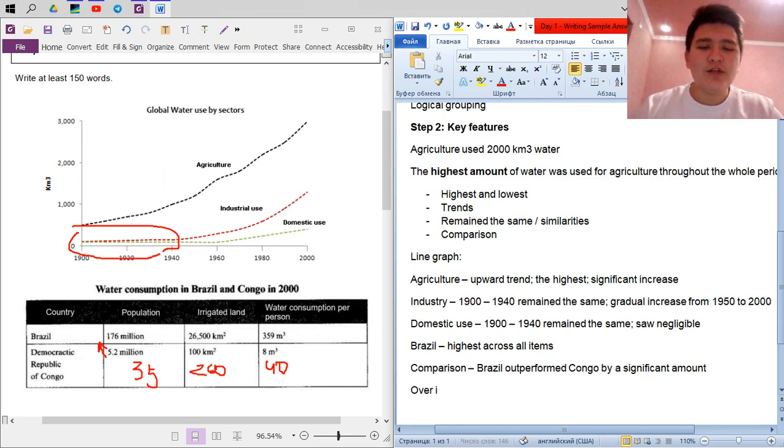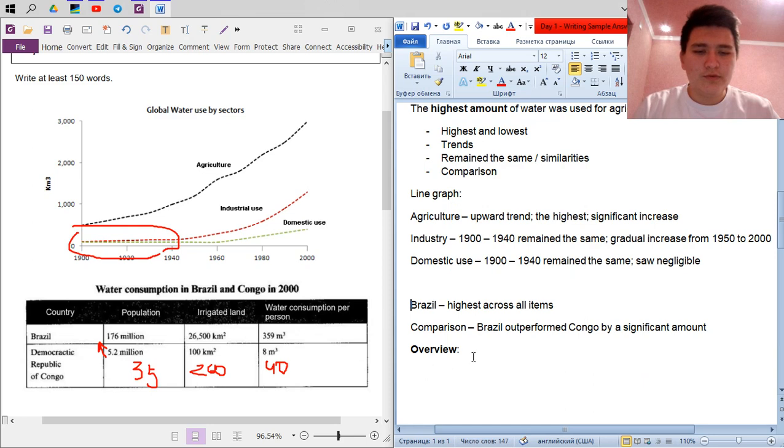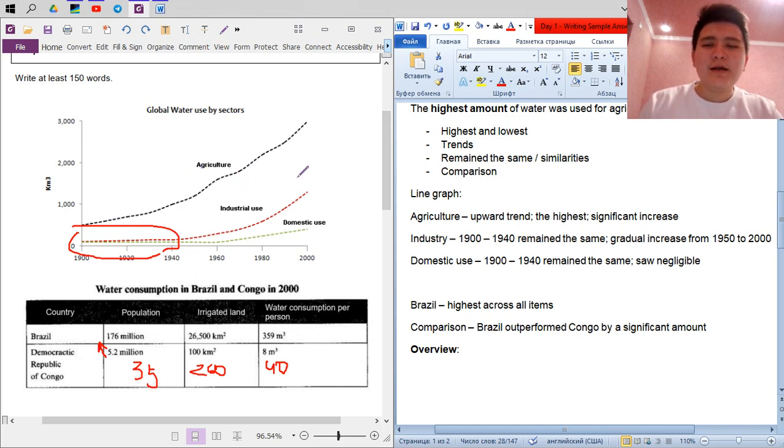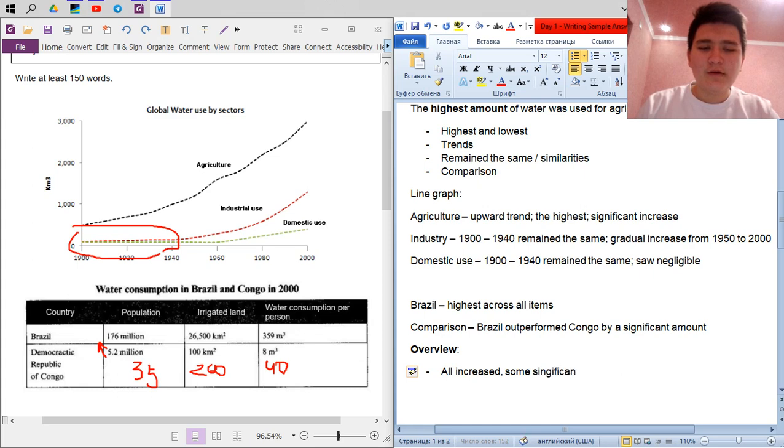So in our overview, what we would mention is probably, looking at this from a bigger, or a different angle, what do all these lines have in common? They all increase, you see. Some significantly, others, again, I'm not writing anything, it's just a plan, others gradually. Again, don't mind the language.